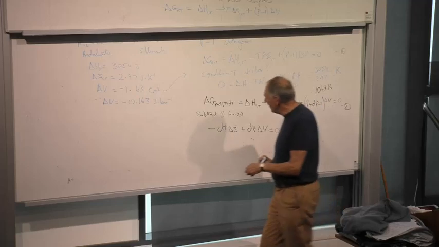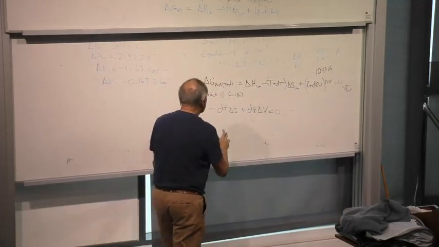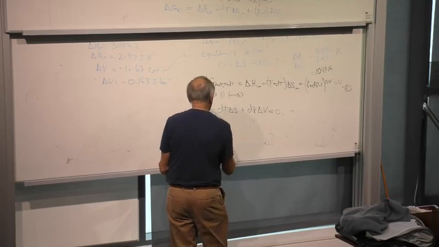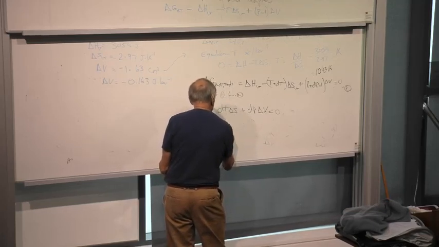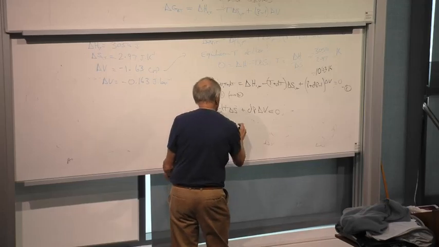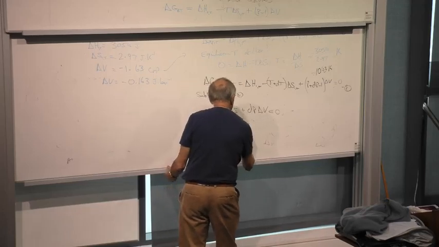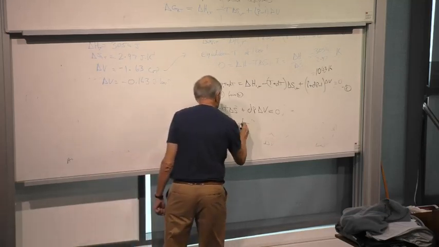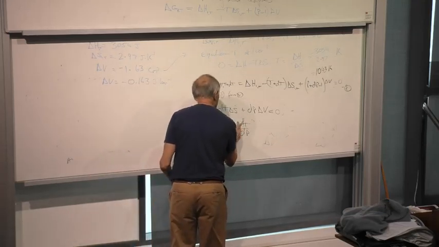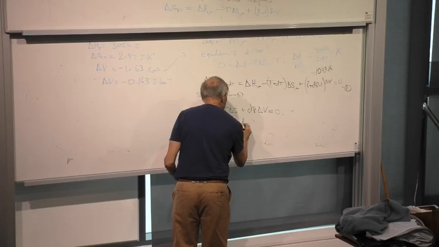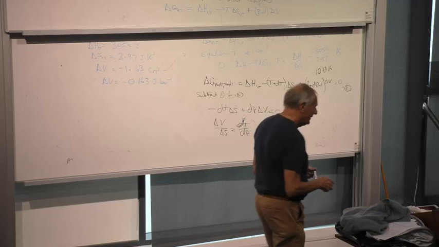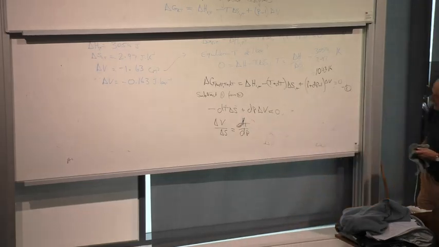So we stick that on the other side, and we get delta V over delta S is equal to dT/dP.